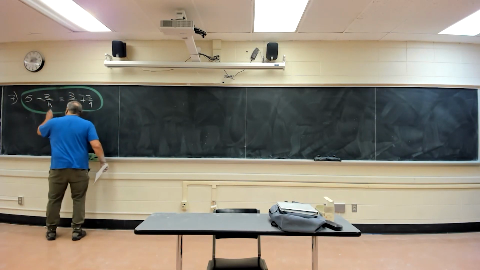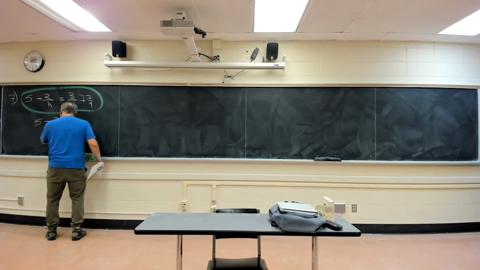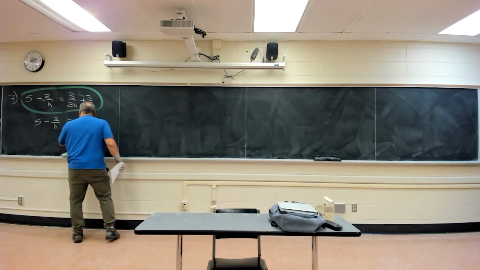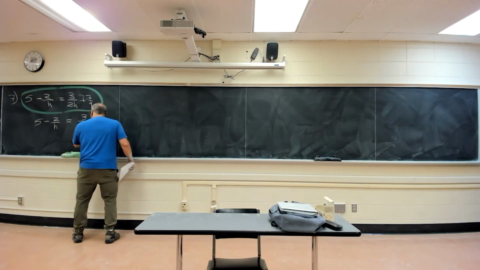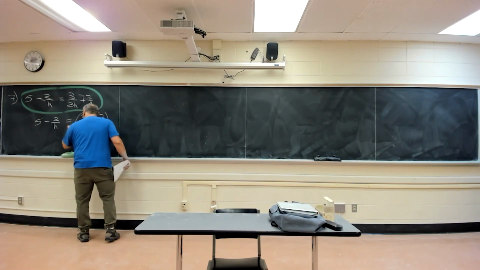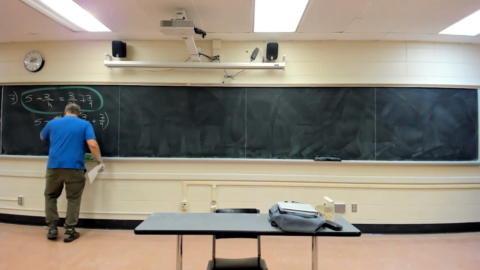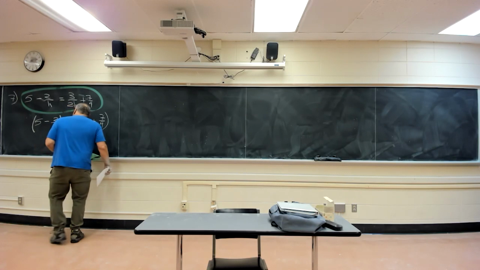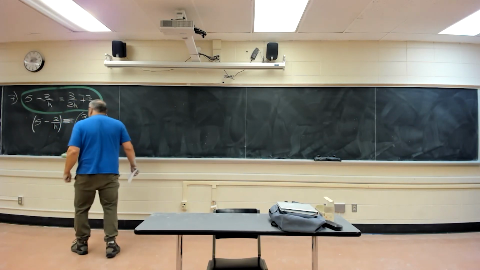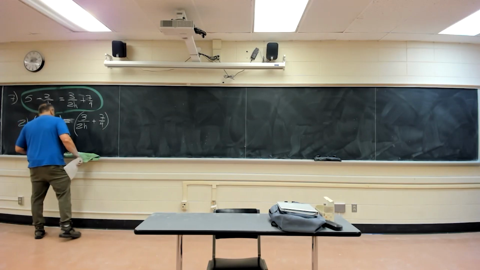Tell you what I'm going to do. This is h, this is 2h. I'm going to multiply by 2h on each side. This is h right here. This is 3 over 2h plus 7/4. Let me multiply by 2h on each side.